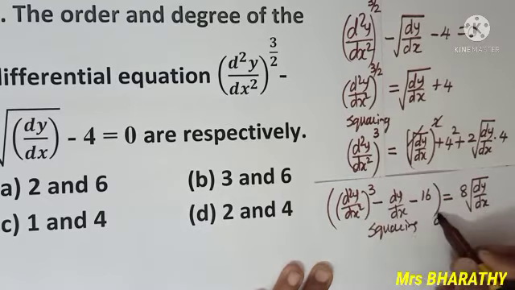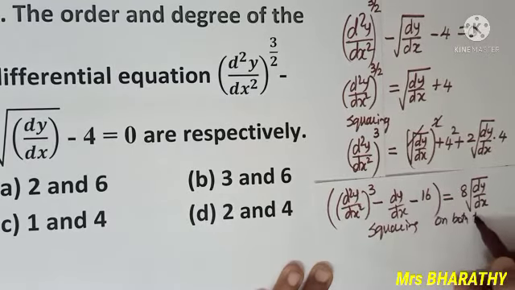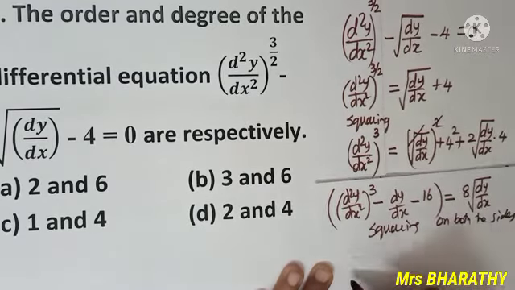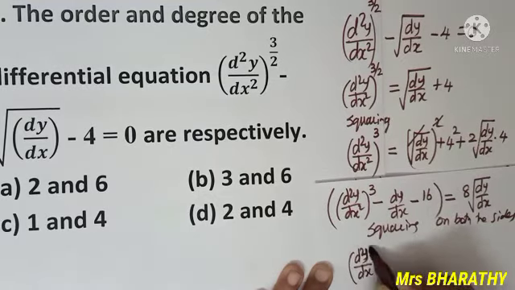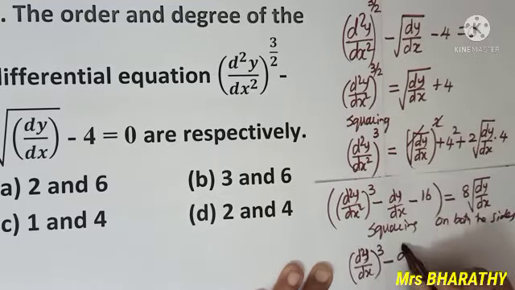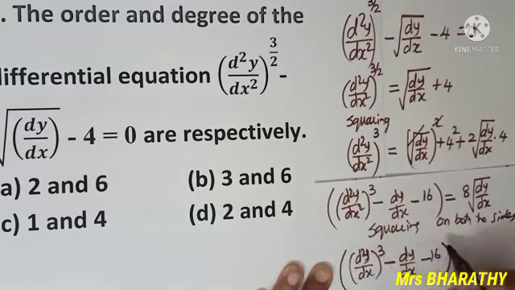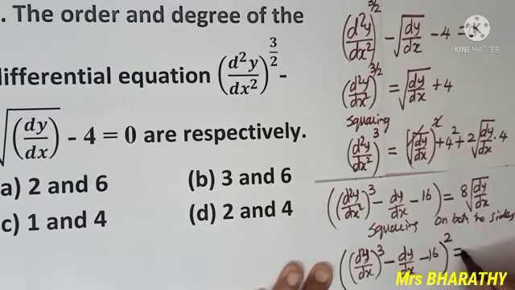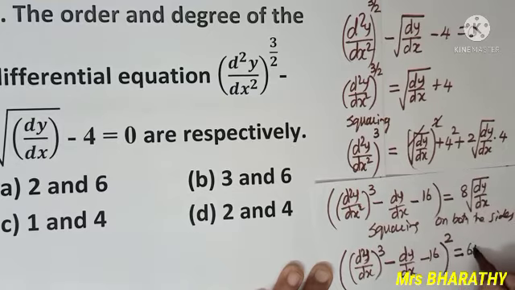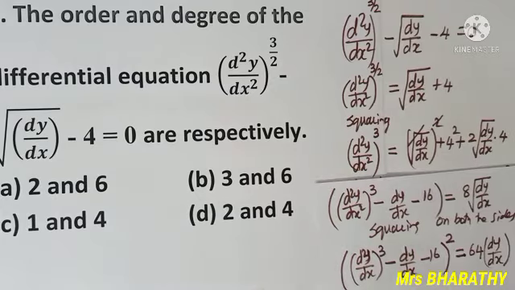So, squaring on both the sides, we get on the LHS d square y by dx square the whole cube minus dy by dx minus 16 the whole square is 8 square, 64. Root of dy by dx will just become dy by dx.